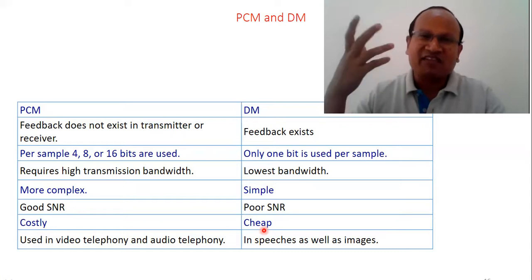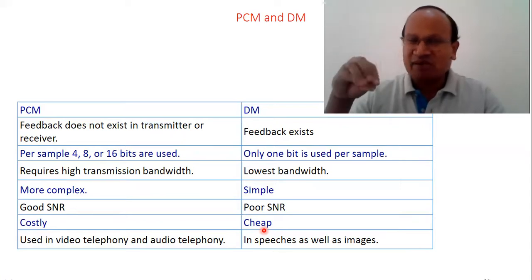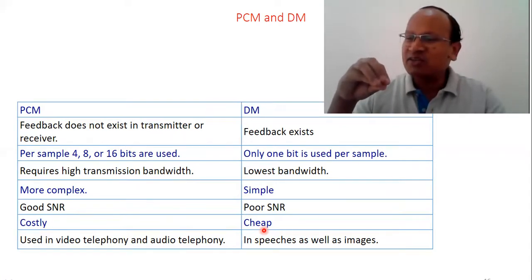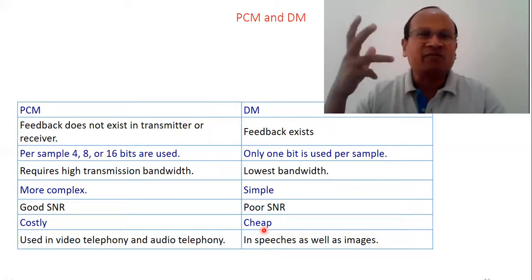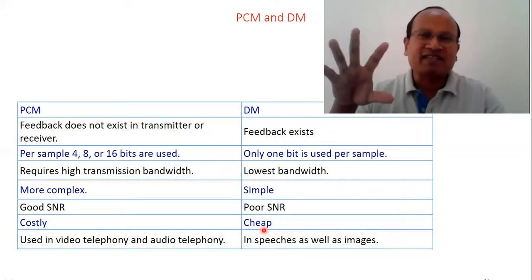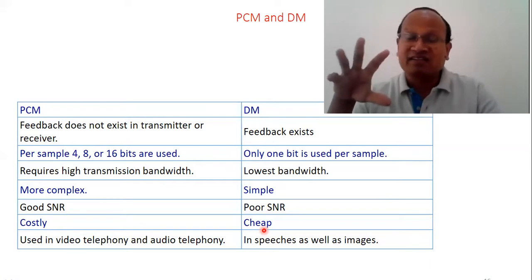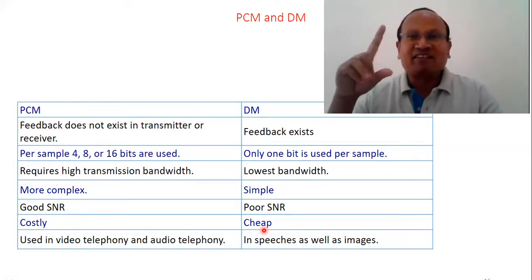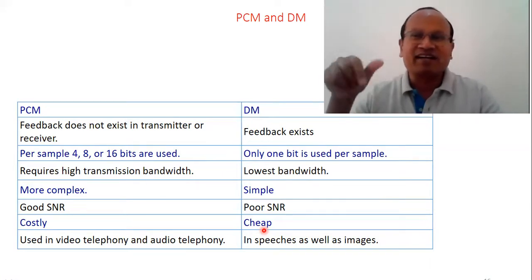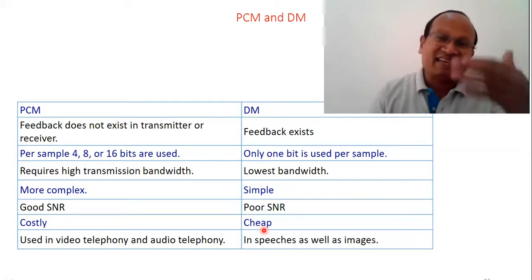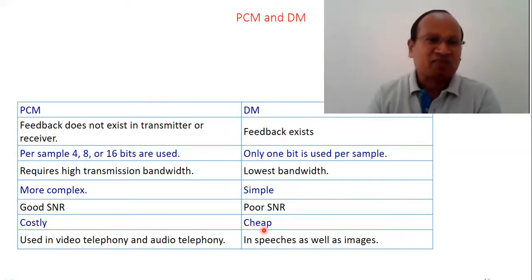In comparison, delta modulation is cheaper. The difference is not only in terms of circuit or design complexity at the transmitter or receiver, but also associated with the bandwidth required. Bandwidth required in delta modulation is very less, and that requires lesser cost.